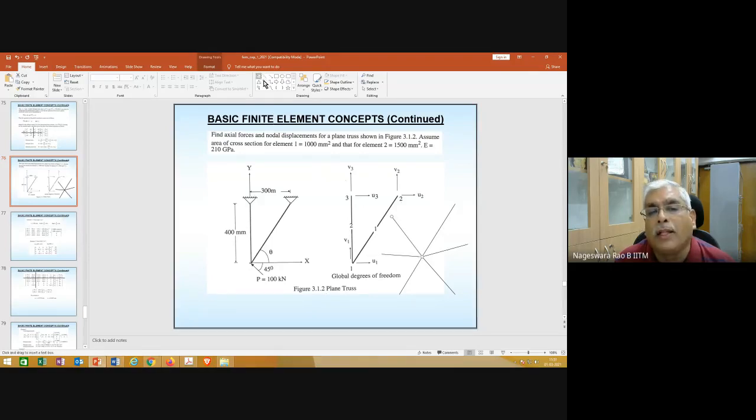If you want to solve this kind of problem using your structural analysis approaches, it's going to take a lot of time. You see, I have a plain truss. This is one member, this is another member, another. I can have hundreds of members.